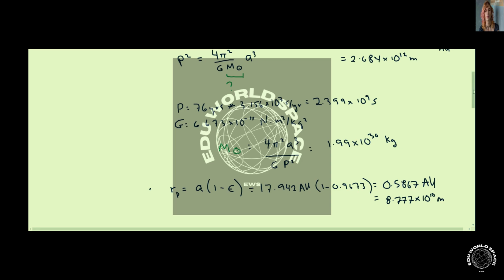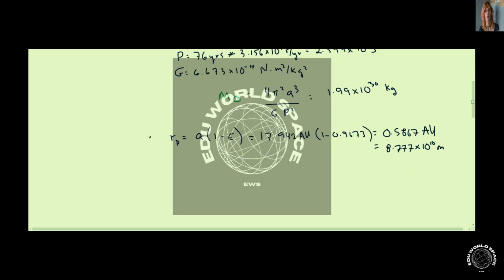And we can do a similar thing with the aphelion distance. Again, it gets a little further away by the eccentricity. And we could show with the geometry of the ellipse how that looks and verify this equation.